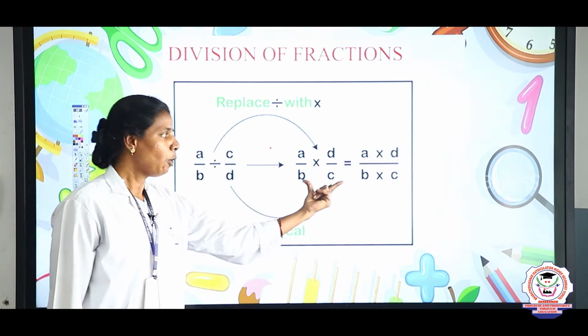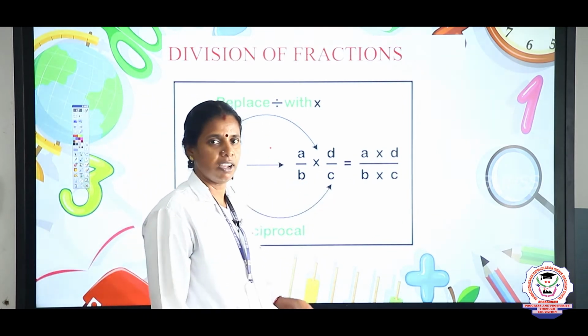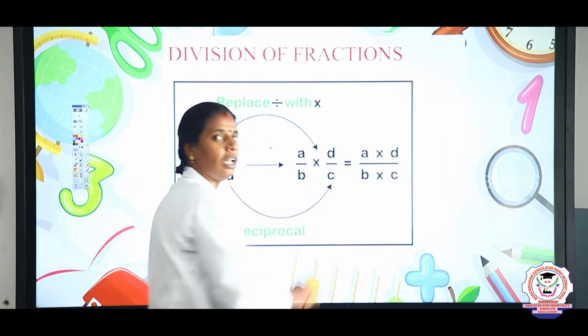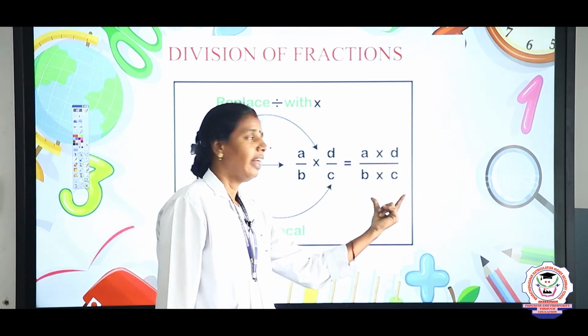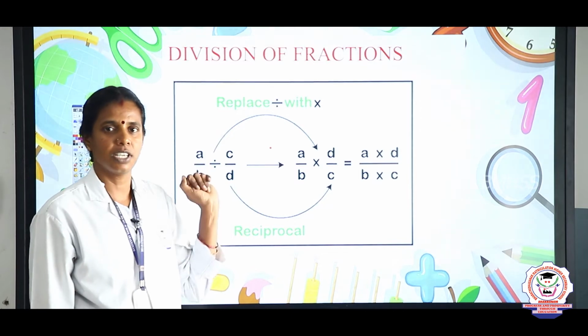Now, we know how to find the product of two fractions, right? Numerator with numerator will multiply, that is a into d, by denominators, b into c. Then by solving this we will get the answer for division of fractions, okay.